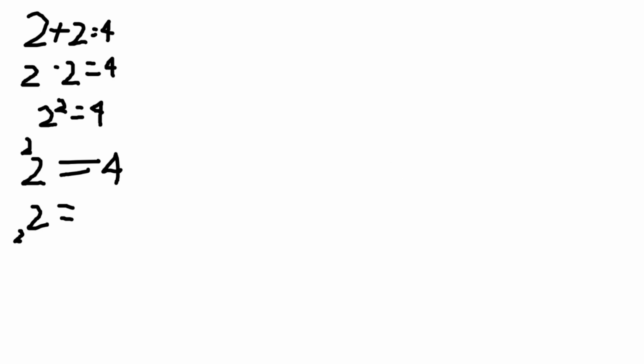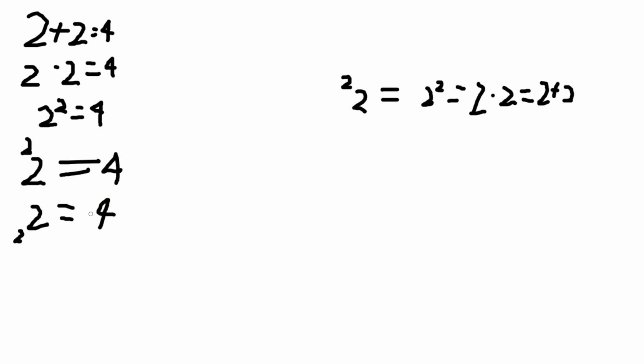Because this is 2 tetrated twice, which is equal to 2 squares of 2, which is equal to 2 multiplied by 2, which is equal to 2 plus 2, which, you guessed it, is equal to 4!